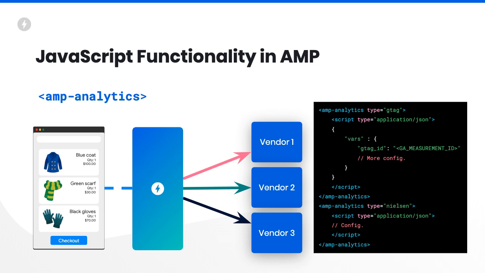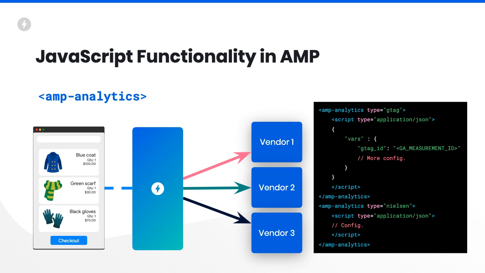So instead of putting a Google Analytics script or any other tracking provider script into your page, you use the AMP Analytics custom element. What the AMP Analytics custom element does is improve performance, first of all, by bypassing the scripts, and it directly talks to the analytics providers instead.